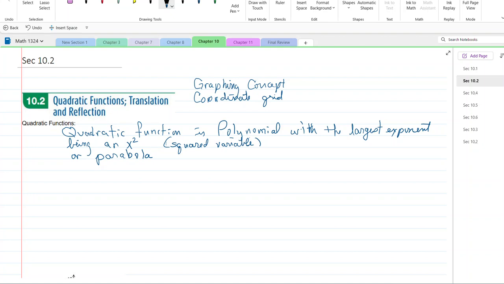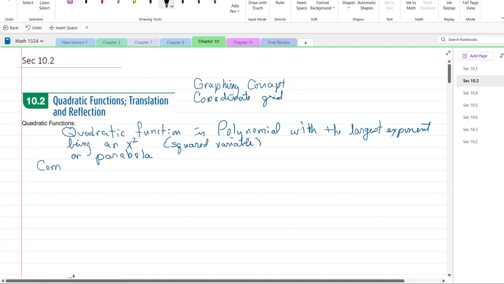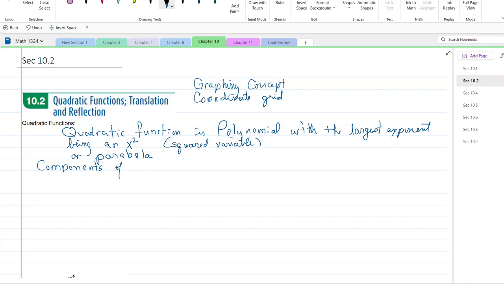It's used most in engineering for satellites, for headlights, for how the slope of a ball being thrown against gravity makes a little U, an N really, or a U. So all of these things are important. So let's talk about the components of a quadratic.